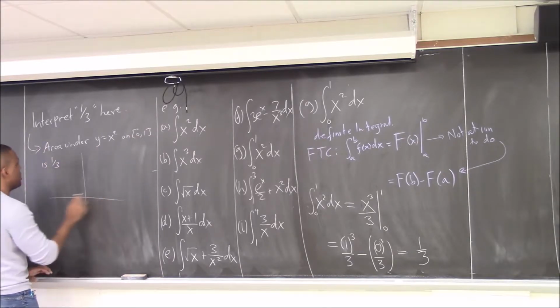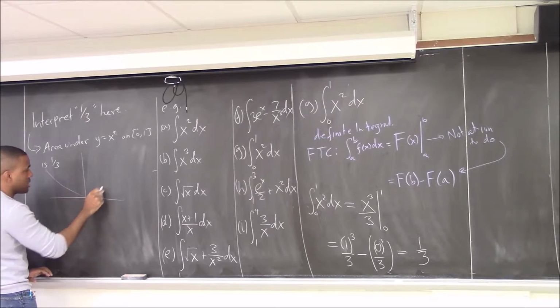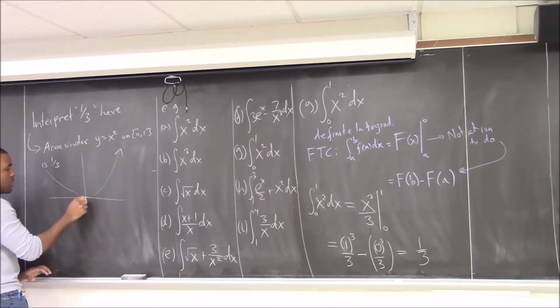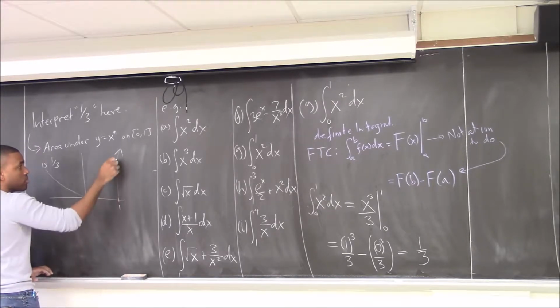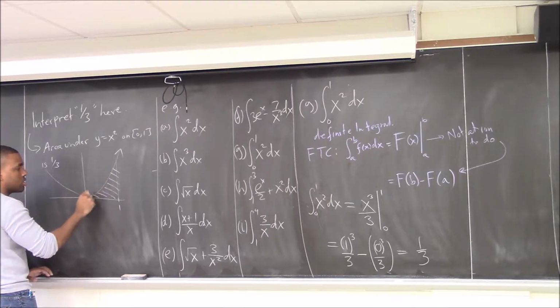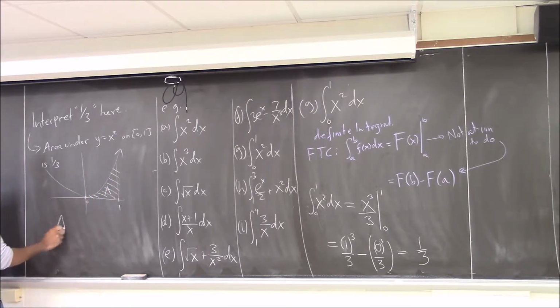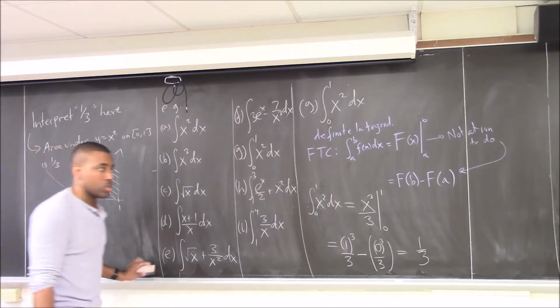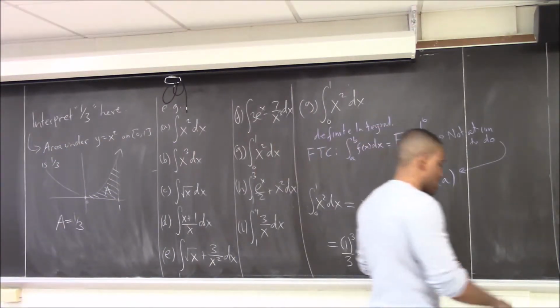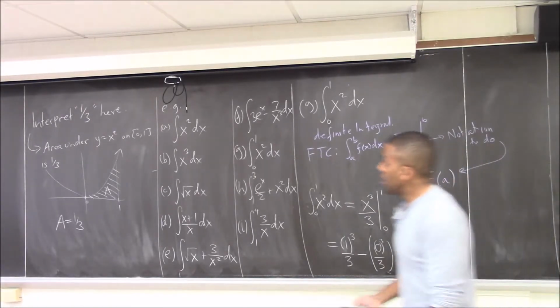If you look at this function, y equals x squared, it looks like that. The area from 0 to 1 would be 1/3. So that's how you'd interpret that number, right? It's just the area.